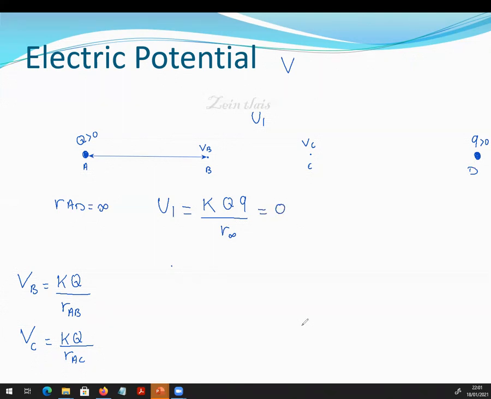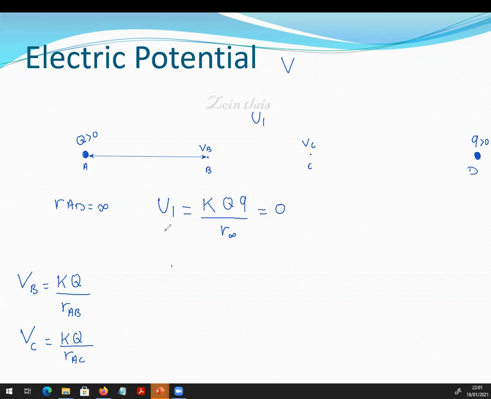And you know, because we don't have an interaction between capital Q and the small q, we don't have forces, and the condition to have an electric potential energy is that we must have an electric force between the charges. Okay?